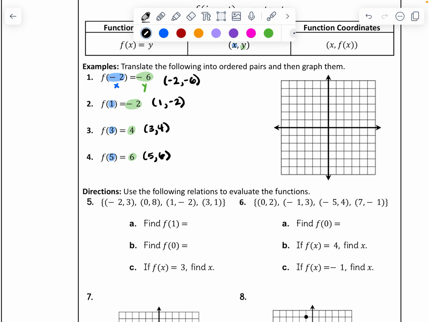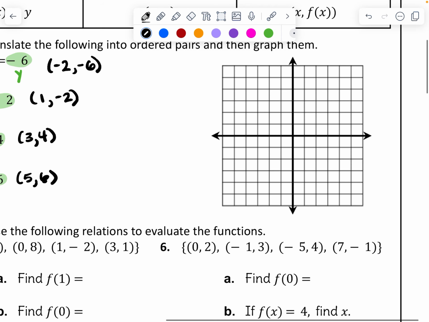Let's plot these onto the graph. This is my x-axis and my y-axis. So if I were to plot negative 2, negative 6, I would go to the left to negative 2, and then go down to negative 6 on the y-axis.